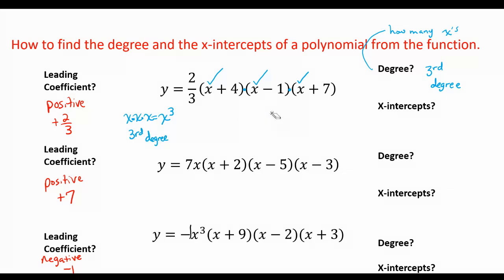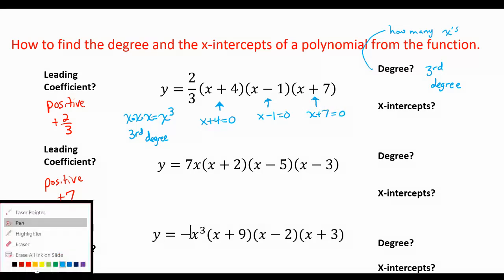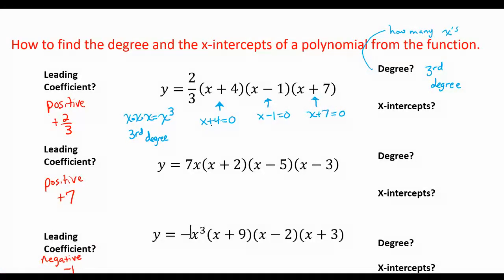Okay, so the next thing we need to do is to find the x-intercepts. So you take each of these parenthesis items and you solve them by setting them equal to 0. And that's easy because if you're going to just go ahead and solve this, you would subtract 4 from both sides.